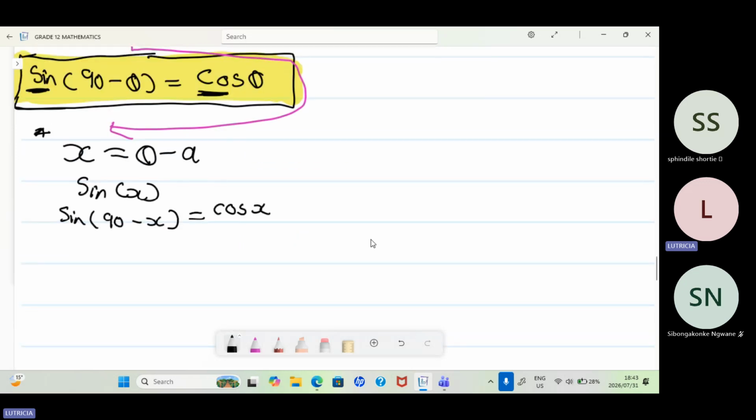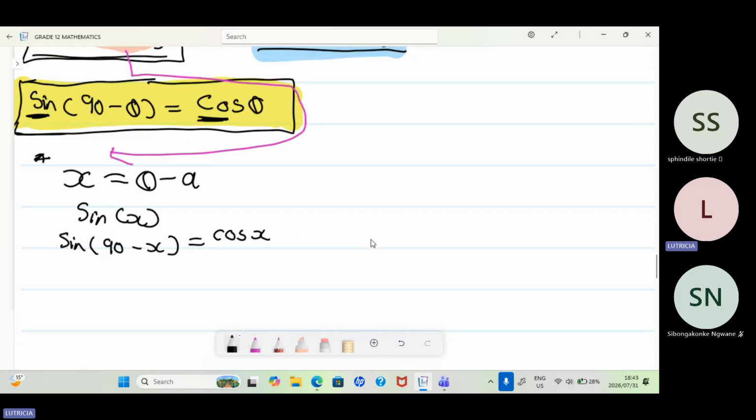But what's our x value? Our x value is theta minus alpha, so I'll just suggest we substitute it here. So it's going to be 90 minus theta minus alpha.